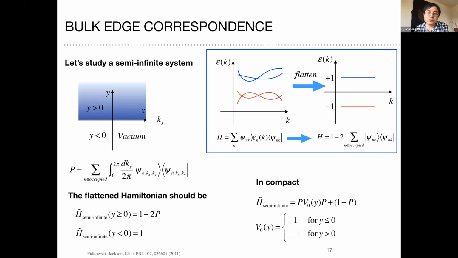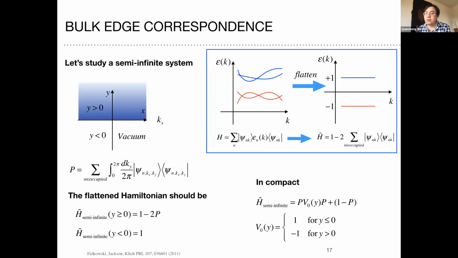Before going on, we want to introduce another technique for studying topological properties of topological systems. This is called flattening. Here, this is just a normal band structure. We have occupied bands and unoccupied bands. If we want to study the topological property for this gap, we can try to do a flattening, because we know that if we don't close the energy gap, the topological number will not change.